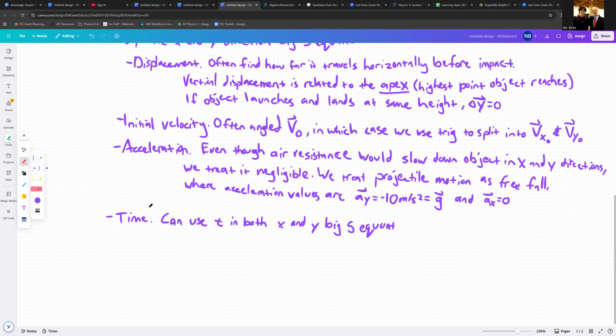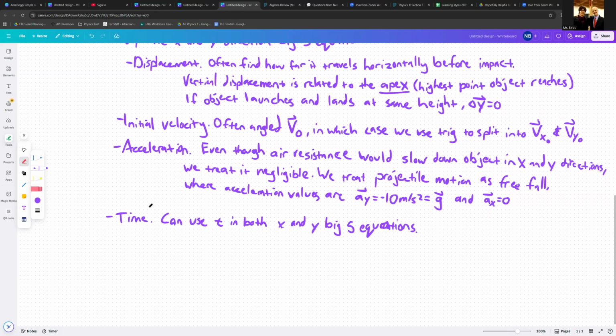Because the thing about time when it comes to projectile motion or 2D motion is that whatever is happening as your object moves horizontally and moves vertically, the time it takes for the object to move somewhere horizontally, whatever it's doing side to side, and for the time it takes for the object to move vertically, whatever it's doing in the y direction, those are the same thing, right? The time it takes a projectile to go up and come back down is the exact same time as it takes that projectile to fly horizontally and land somewhere further to the right or to the left.